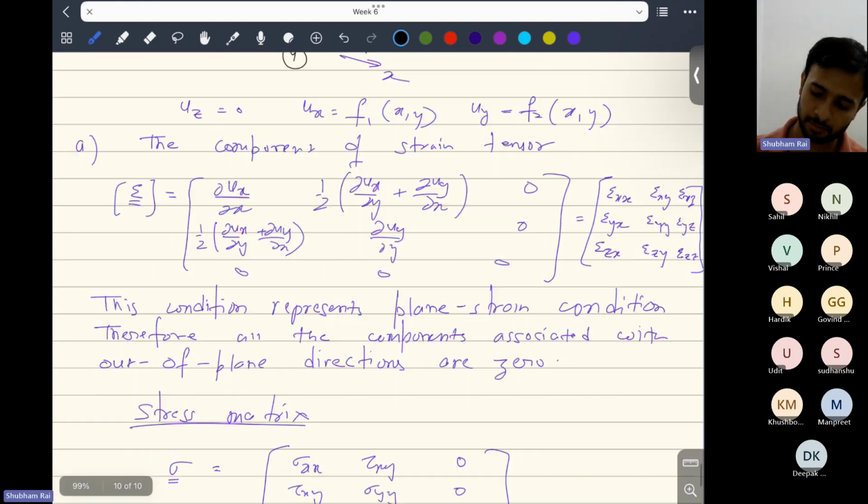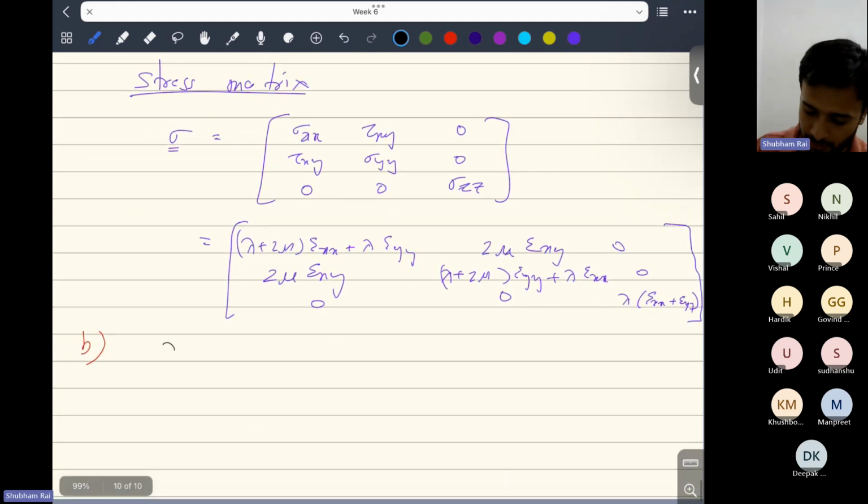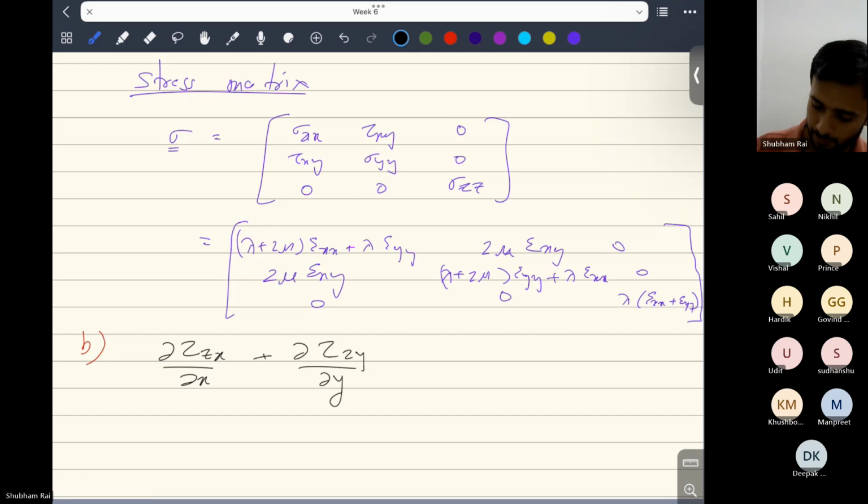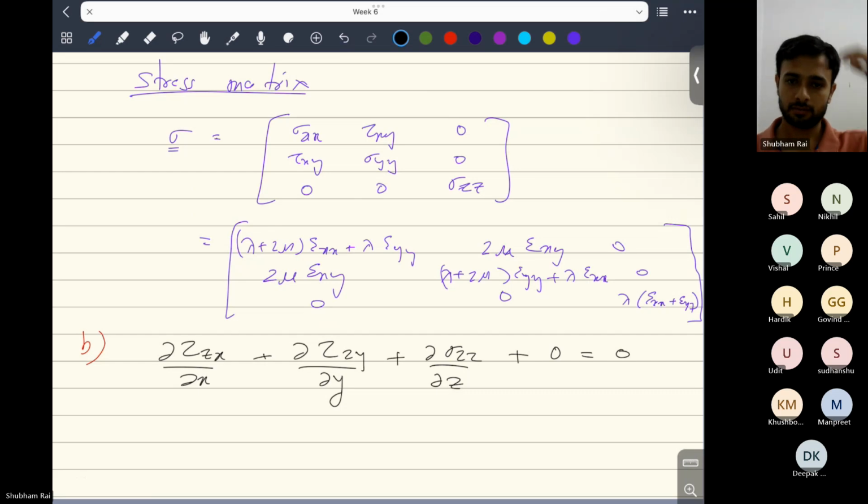That component of the stress equilibrium equation is given by del tau zx by del x plus del tau zy by del y plus del sigma zz over del z plus some body force. There's no body force here, so this will be 0, equal to some mass times acceleration. This is a steady problem, so there will be no acceleration.